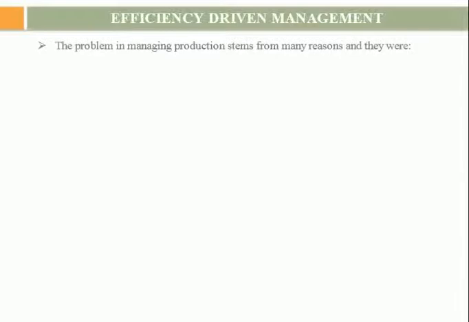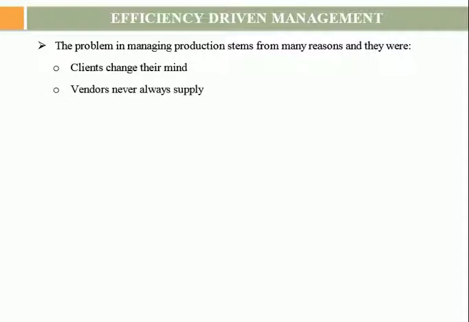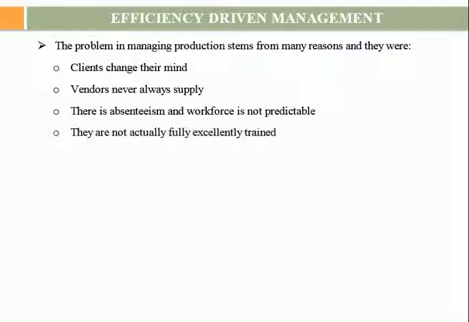I was told that the problem in managing production stems from many reasons, and they were: the clients change their mind, the vendors never supply on time, there are too many absenteeisms, my workforce is not predictable, and they aren't actually fully trained, and our processes are less reliable, and our machines break down.